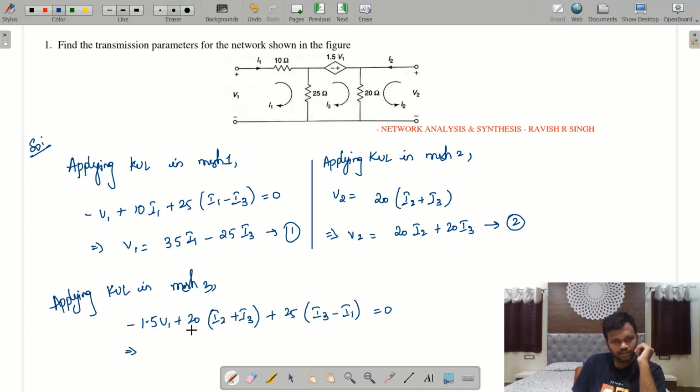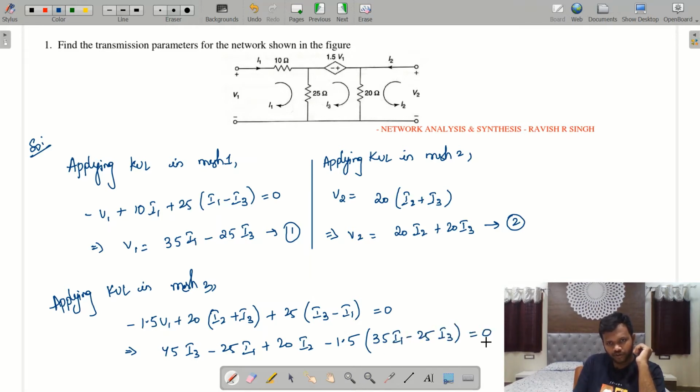So 25 plus 20, 45 I3, minus 25 I1, plus 20 I2, minus 1.5 V1. In place of V1, I will write 35 I1 minus 25 I3, equal to 0. We will solve this on the next page.